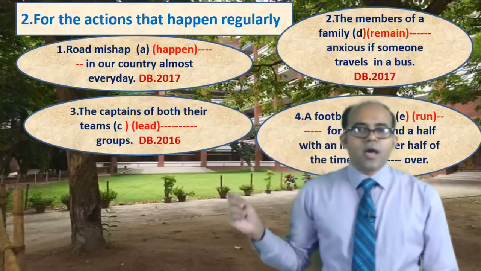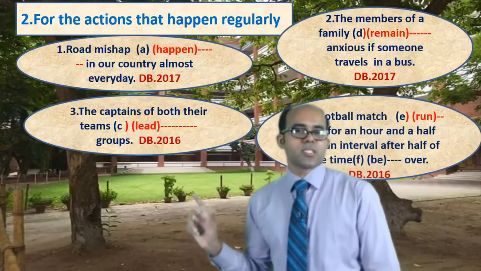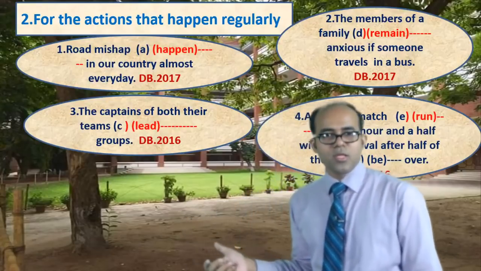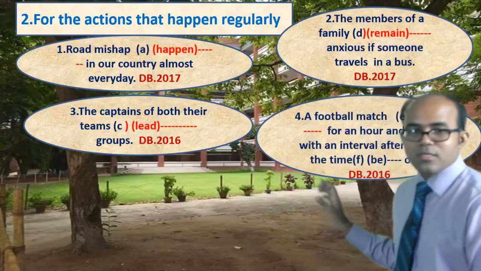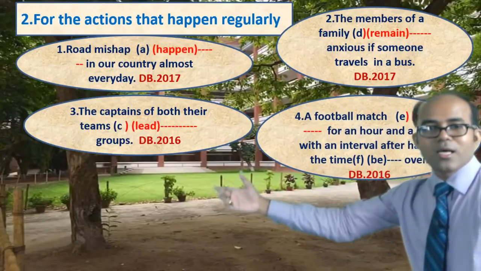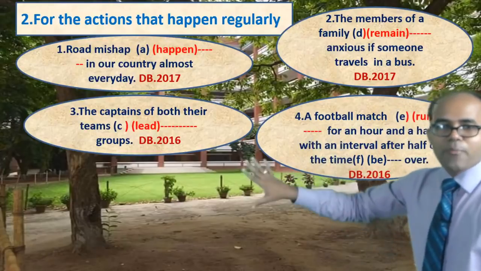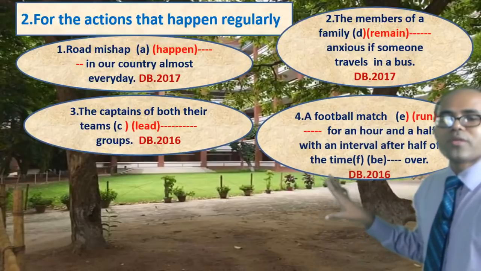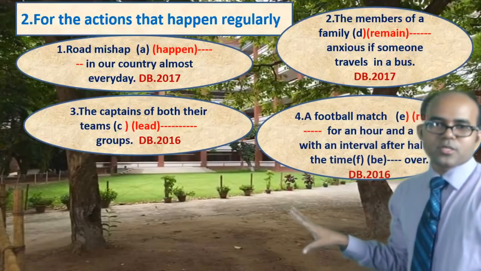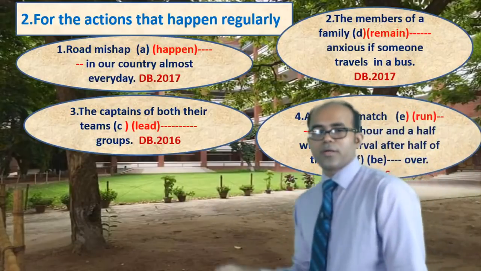Everywhere you see there is a 1.5 hour match, and then there's an interval. Is it true? Is it happening regularly for every match? That is the simple present tense. You have to use here runs. A football match runs for an hour and a half with an interval after half of the time is over.